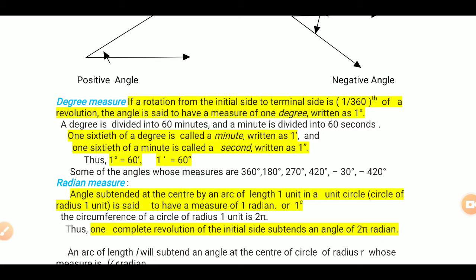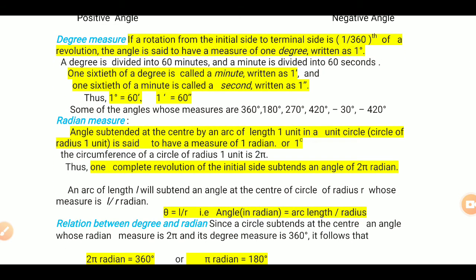Now another type of angle measurement is radian measure. In this, the angle subtended at the center by an arc of length 1 unit in a unit circle. A unit circle is a circle whose radius is 1.